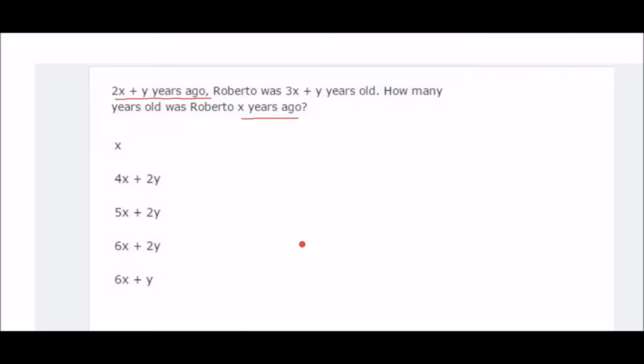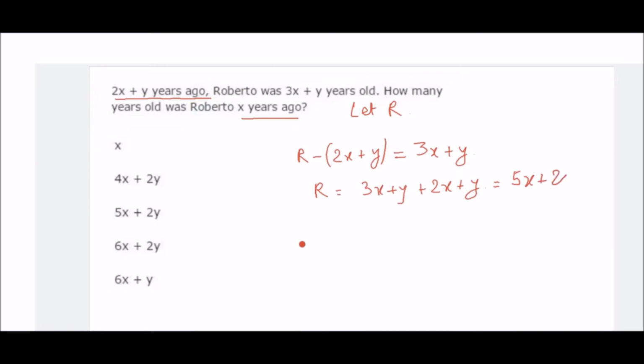So let the present age of Roberto be R. According to the question, the first condition, R minus (2x plus y), because it is years ago, ago means we have to subtract, is equal to 3x plus y. So R equals 3x plus y plus 2x plus y, that will be 5x plus 2y.